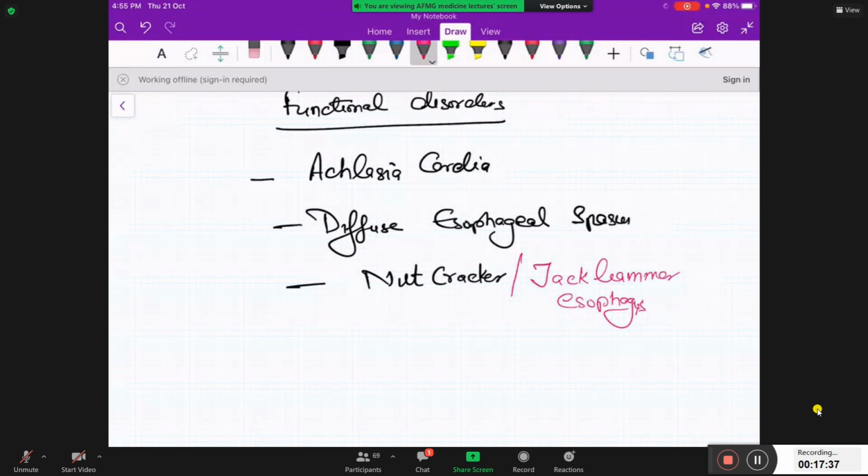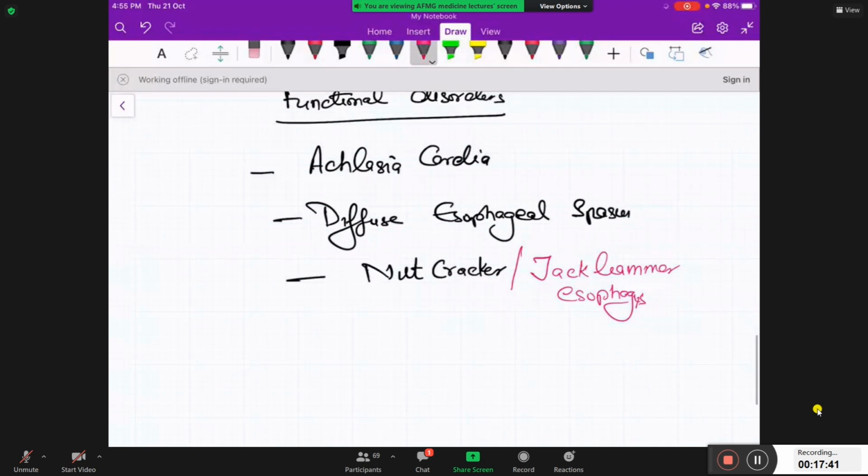Okay. Now, can anyone tell me, out of these various functional disorders, which of them is the most common functional disorder? Just because you know more about achalasia cardia doesn't make it the most common functional disorder. The most common functional disorder is nutcracker esophagus.